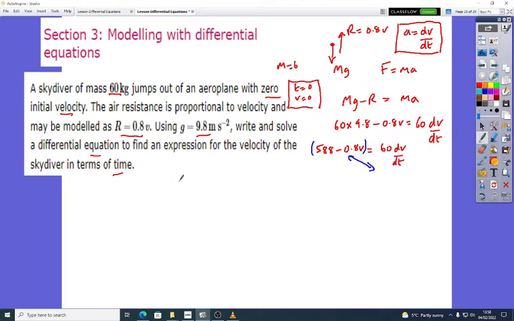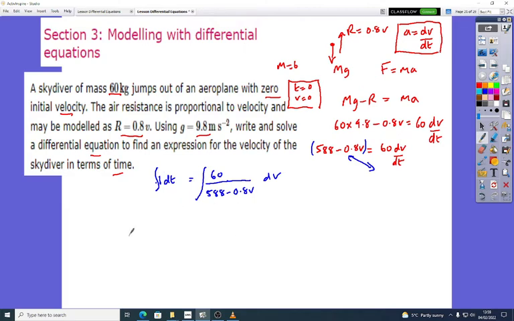So I'm going to end up with switching those two over, dt equals 60 over 588 minus 0.8 v, and that's got dv on this side. And now I've got all my v's on one side and all my t's on one side. Well, when they say all my t's, there is an imaginary one there, one t. All I need to do is put the integral signs in.